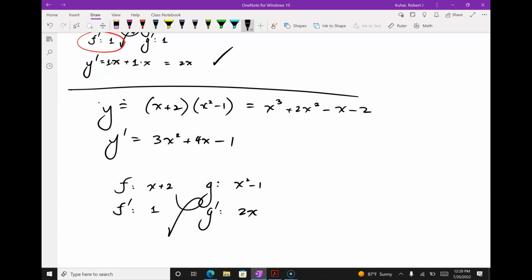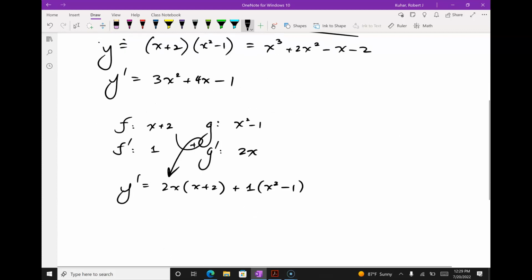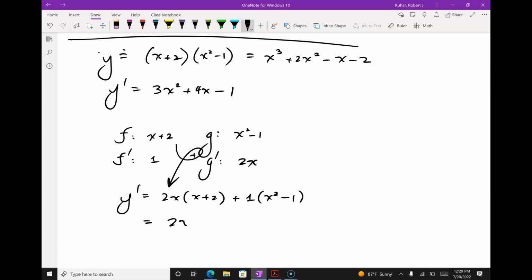And we're using this loop. So I get y prime is 2x times x plus 2 plus 1 times x squared minus 1. So it looks like I get 3x squared plus 4x minus 1. Same answer. Of course, same answer.